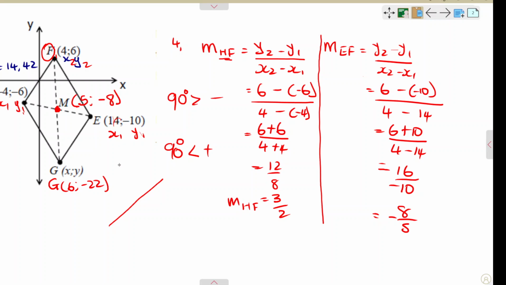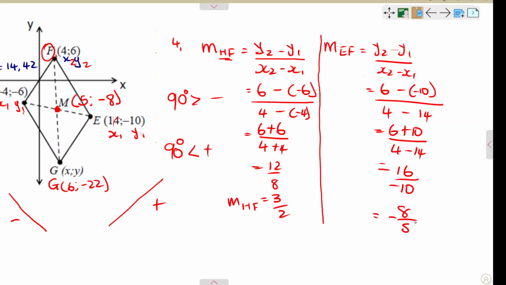In other words, if your gradient is looking this way, it is positive, but if it is looking this way, that gradient is negative. So if you lift your right arm and put your left arm down, that's positive. If you lift your left arm and put your right arm down, that is going to be a negative gradient. So you can see here that the line FE or EF is a negative gradient.